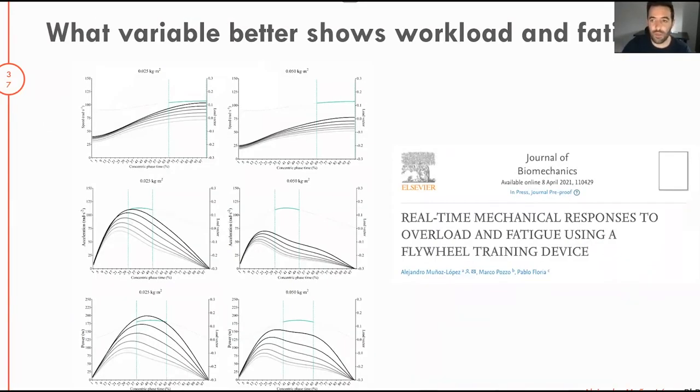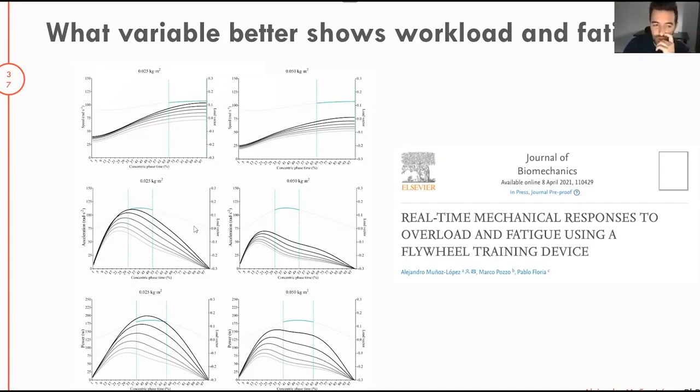Actually, what we showed recently in the Journal of Biomechanics, which was just published, is that we studied which variable better shows the workload and the fatigue along the repetitions. And we saw that acceleration, the peak acceleration, is the variable which better reflects that workload, because we saw, doing a principal component analysis, that this is only the concentric phase, okay?